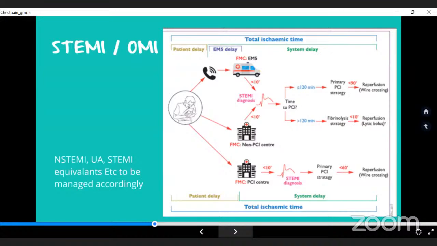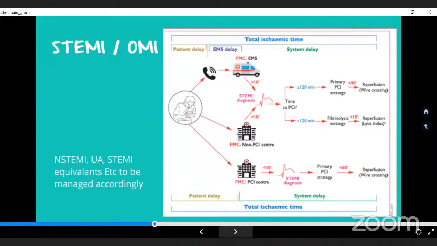So that is the definition of typical STEMI, but there are some other ST elevation definitions as well, like posterior MIs. So you will learn those.